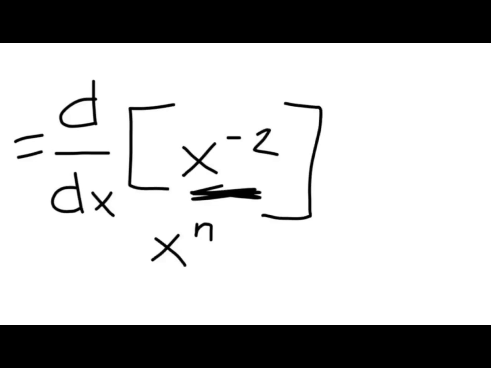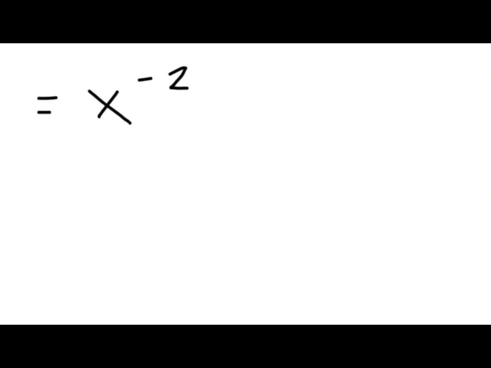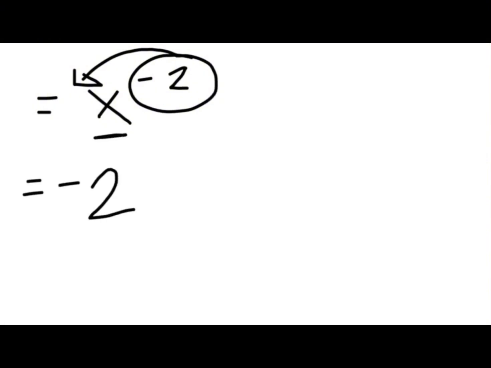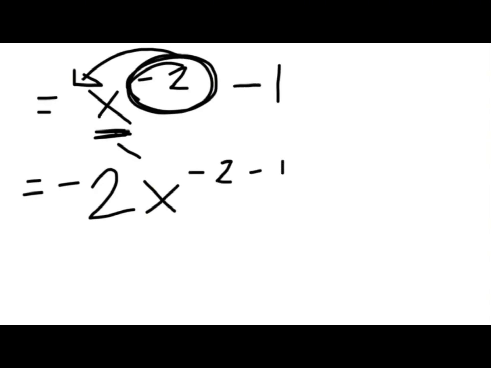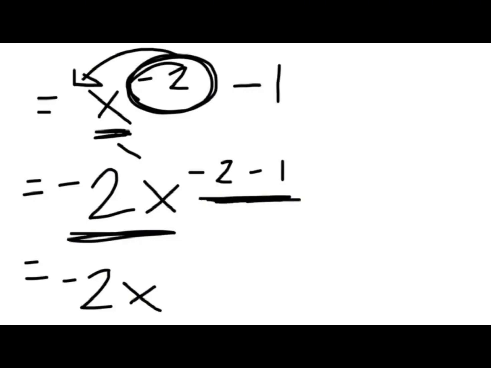So now, we have x raised to negative 2. And then the negative 2 will serve as our coefficient that will equals to negative 2, copy x, and the exponent, or the negative 2 minus 1. So now we have negative 2x raised to negative 2 minus 1. So copy negative 2x, and then negative 2 minus 1 is equals to negative 3.